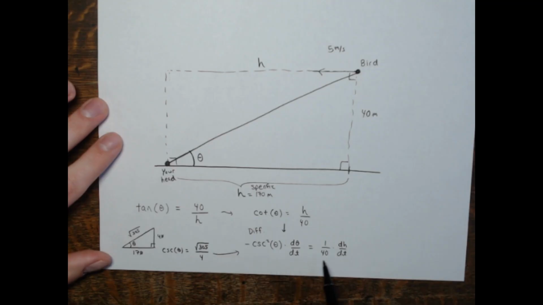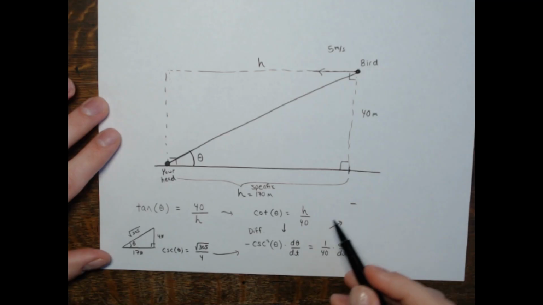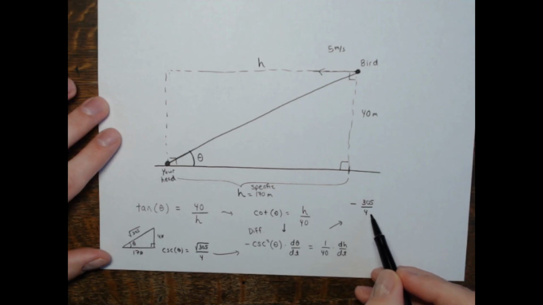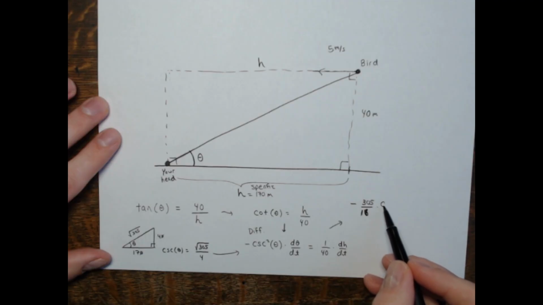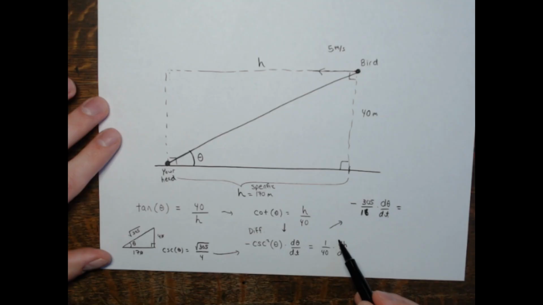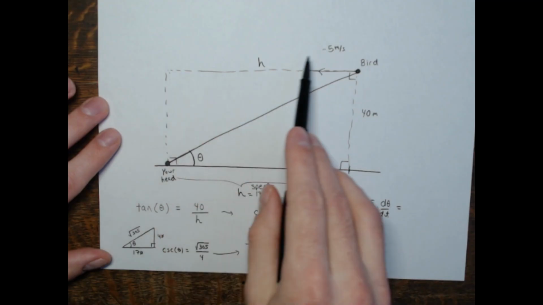So when I pop this in and we square stuff, we'll have the opposite of, now cosecant squared will make this 305 divided by 4 squared, or 16, times d theta dt equals 1/40th, and then dH dt was -5, because h will be shrinking.